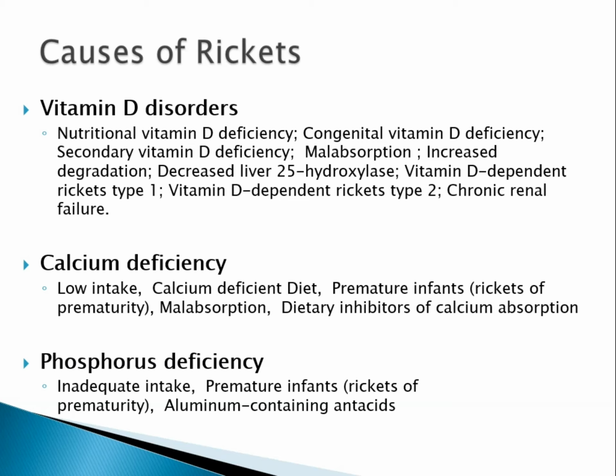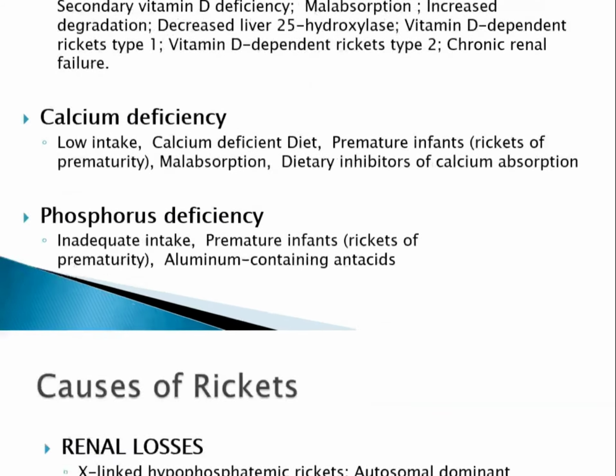We have discussed that 25-hydroxylase converts vitamin D into its active form, so deficiency of this enzyme in the liver can cause impaired vitamin D activity and deficiency of vitamin D. Then calcium deficiency, since along with vitamin D we also need calcium and phosphorus, the two minerals mainly involved in mineralization of the bone.